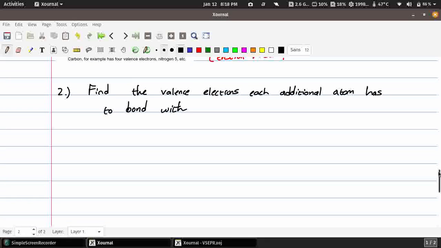So what this means is we have our C. This is our central atom. Do the first two steps right here. We have our N. So you have 1, 2, 3, 4, and 5. So right now we're looking at 1, 2, 3, 1, 2, 3, 4.